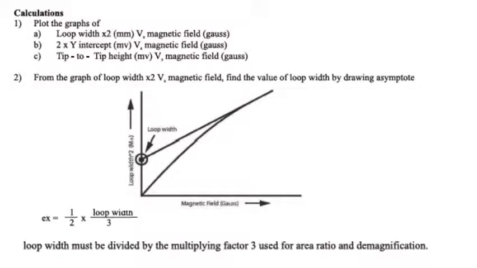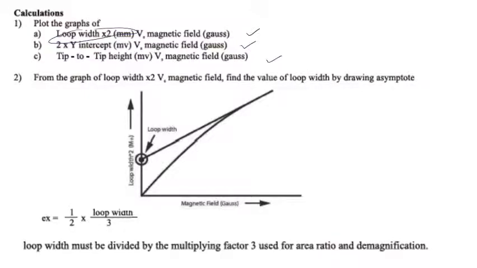So how to do these plottings. First of all, the loop width, 2 times what we have obtained, we have to plot versus magnetic field. Second is the y-intercept, that is peak to peak, y-intercept versus magnetic field, and tip to tip height on the y-axis versus magnetic field.